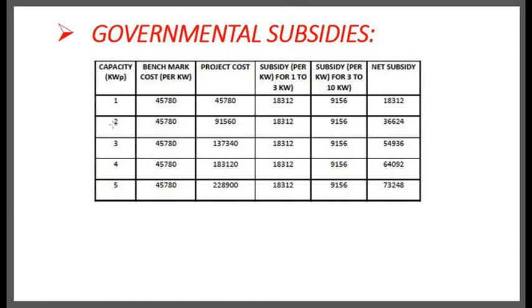For a 2 kilowatt system, the net subsidy is 36,624 rupees, and for a 3 kilowatt system it will be 54,936 rupees. So this table indicates the net subsidy received by a particular home application or industrial application from the government.